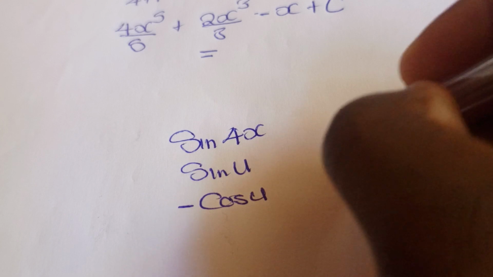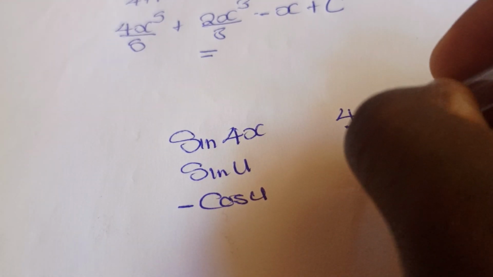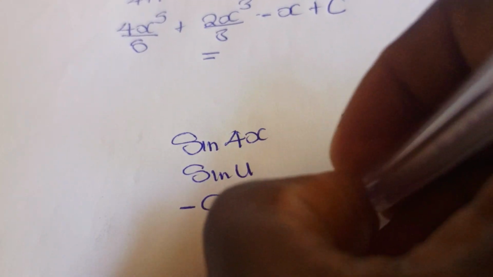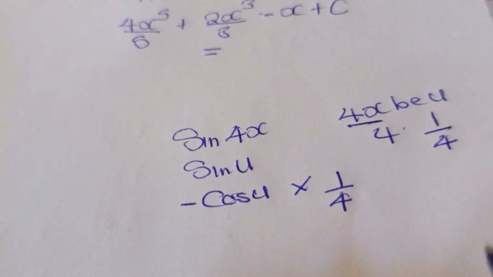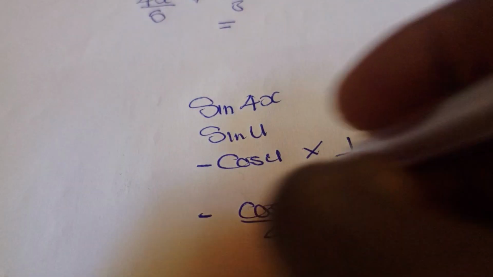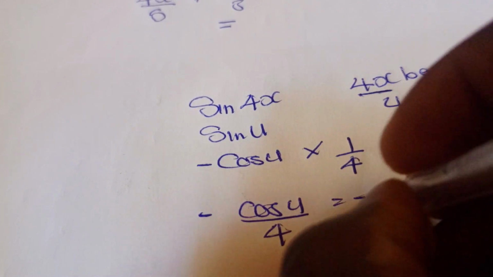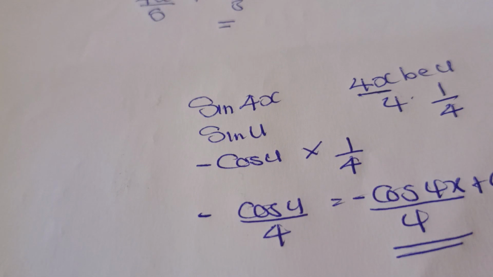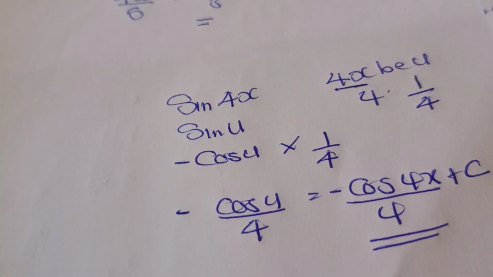Then you don't use 4, but you use the reciprocal of it, which is 1 over 4. You multiply it to this. So you will have negative cos u over 4, where u in the first place is 4x, so it will be negative cos 4x over 4 plus c. So this is the integral of sine 4x.